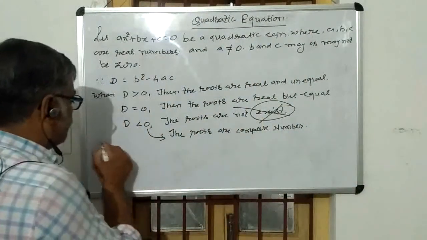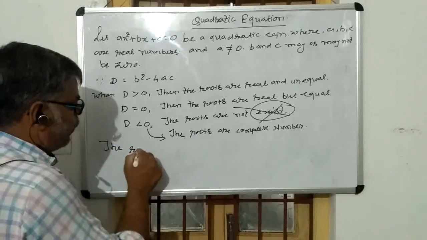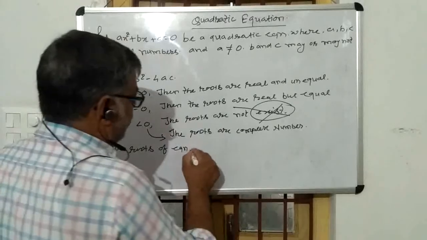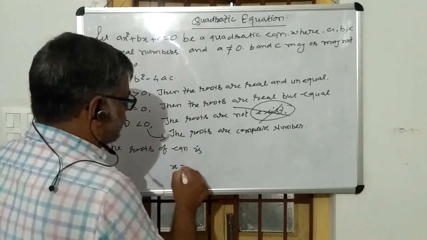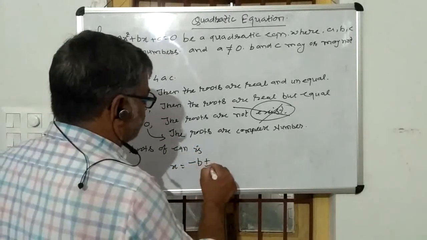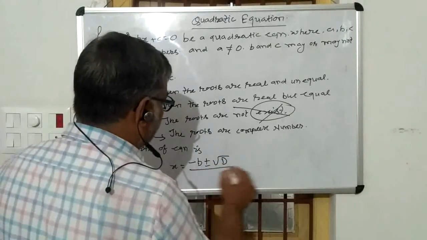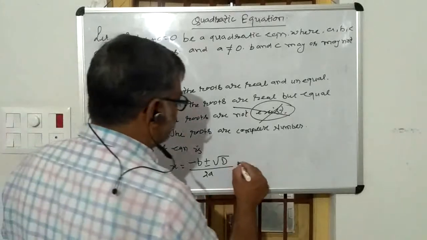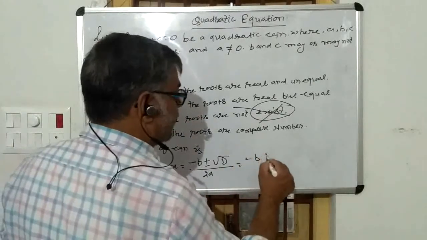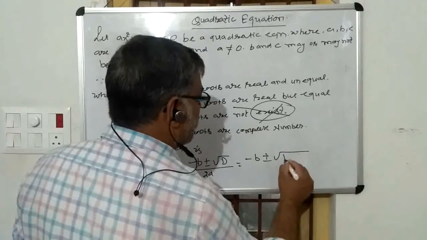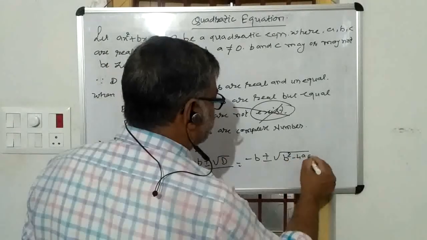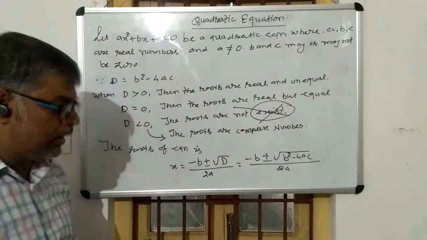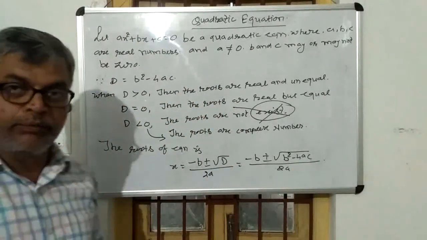As you know, the roots of the equation are x equals to minus b plus minus root under d by 2a, or you may write minus b plus minus root under b square minus 4ac by 2a. This is the formula for the roots of a quadratic equation.